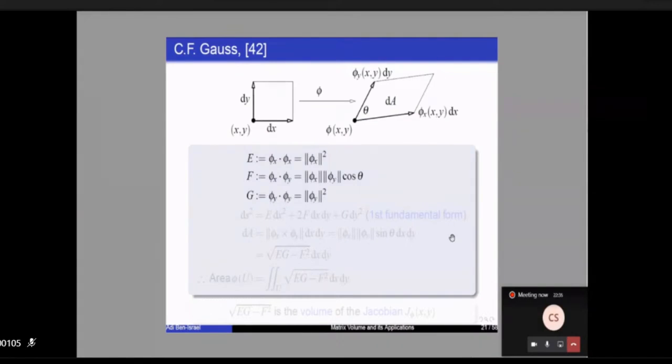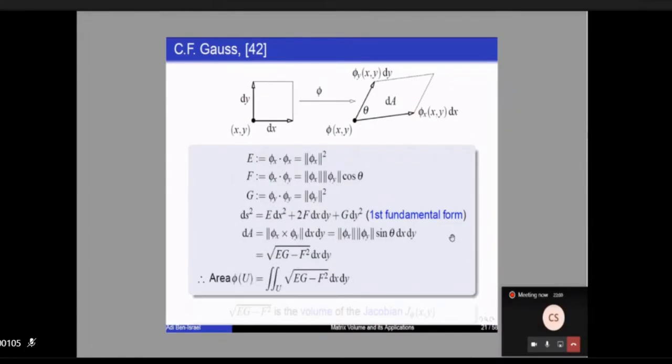G is the same for the gradient phi y, and F is the mixed dot product. The first fundamental form of Gauss is the length element, ds, and in fact, ds squared is a quadratic in dx and dy, with E, 2F, G as coefficients.